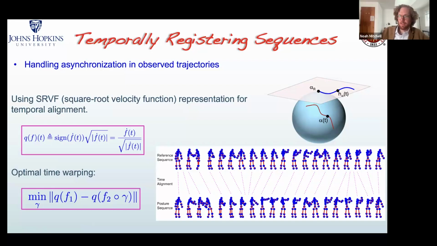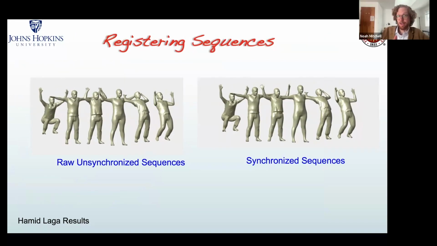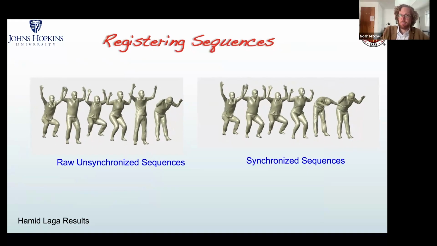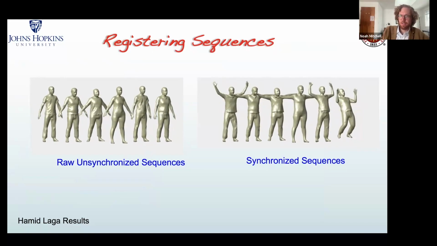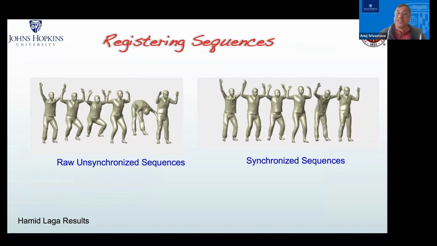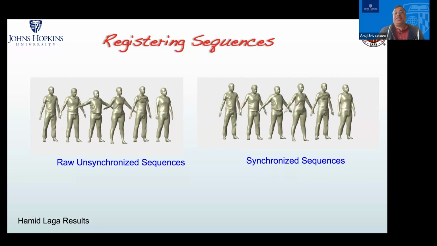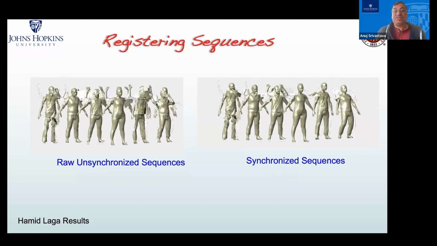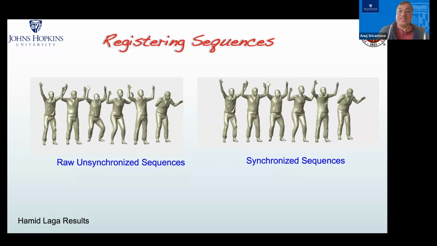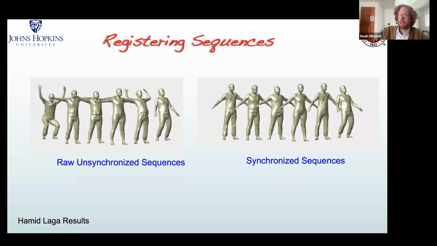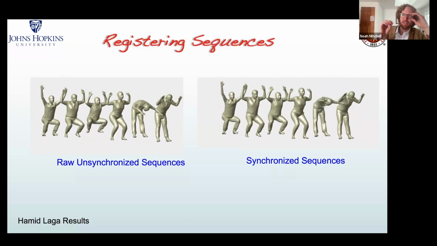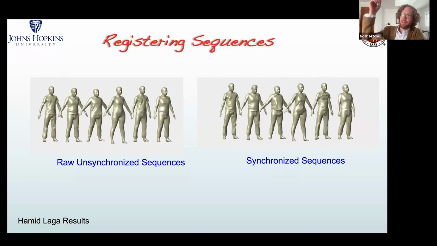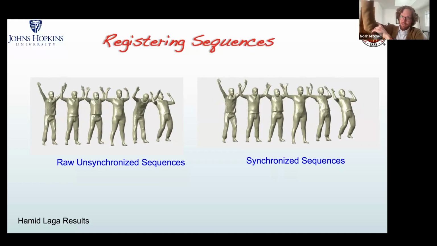So in this case, are these mesh triangulations? Yeah, these are triangulated meshes. We treat them as parametrized surfaces, so we do something slightly different. But are they parametrized such that there's a vertex at the hinge?